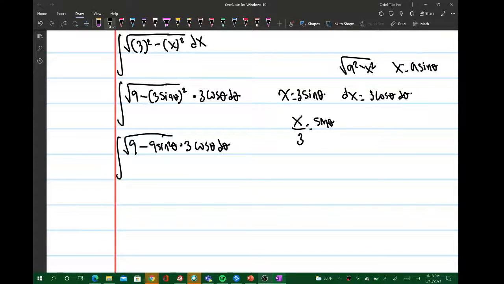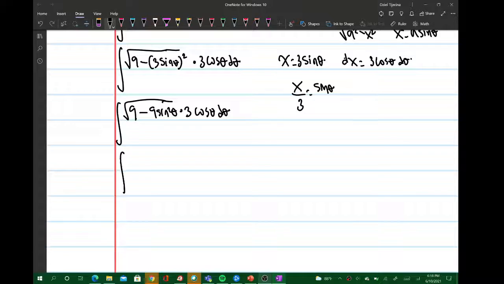We can simplify this square root here. So we have the integral of the square root of the quantity 9 times 1 minus cosine squared theta, and then times 3 cosine theta d theta, okay?